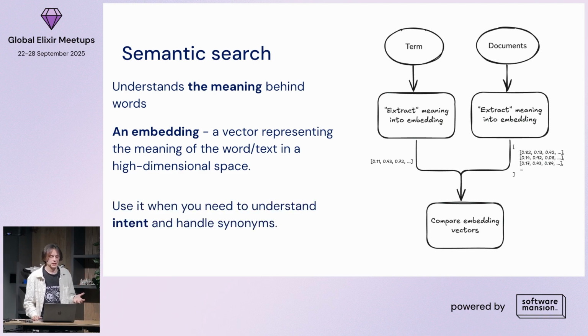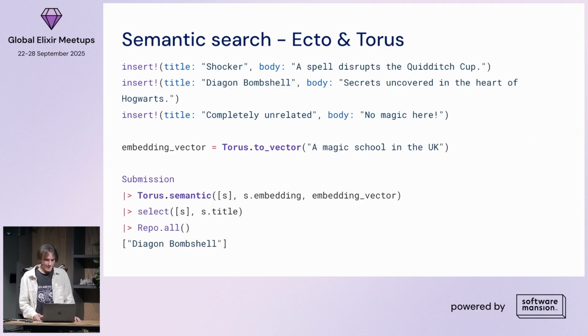And we use semantic search carefully, when we need to understand the intent and handle synonyms, and we are okay with being a little slower in comparison to full text search because we need to vectorize your query. We need to create an embedding vector. And again, in Torus, it is almost a single line of code.